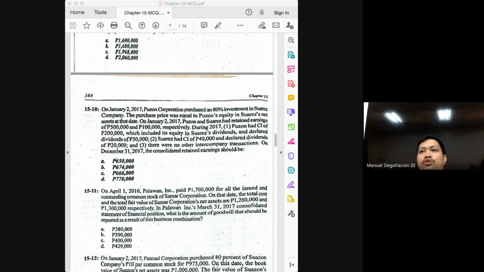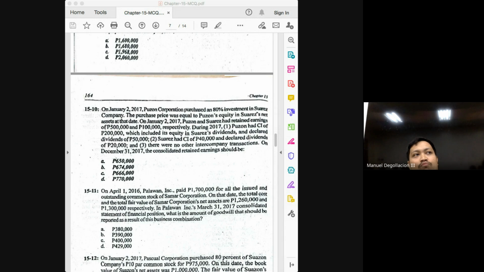So what are you forced to do? You need to rely on the RE of the parent as of year 10. Transform the ending RE of the parent into the ending RE of the consolidated entity. You follow? But how do you get there? Just add the share of the parent in the undistributed earnings of the subsidiary.